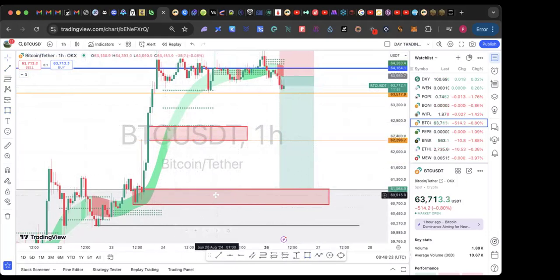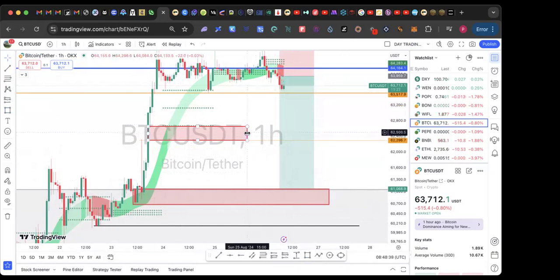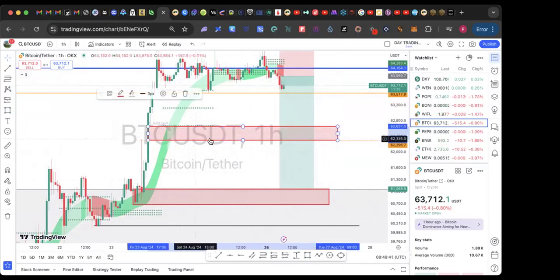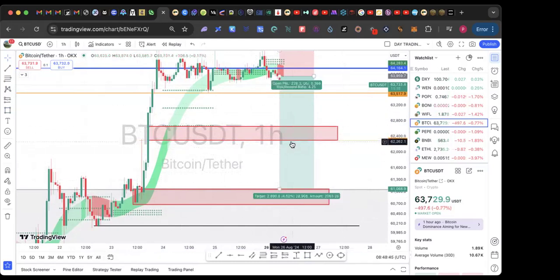Do we have any other FVG here? No. So ordinarily it will come and take out this. If it's going to take out this, that means I can actually sell down to this point, or better still, wait for Bitcoin to come here, mitigate this, or even come down, or just this region as another flow.